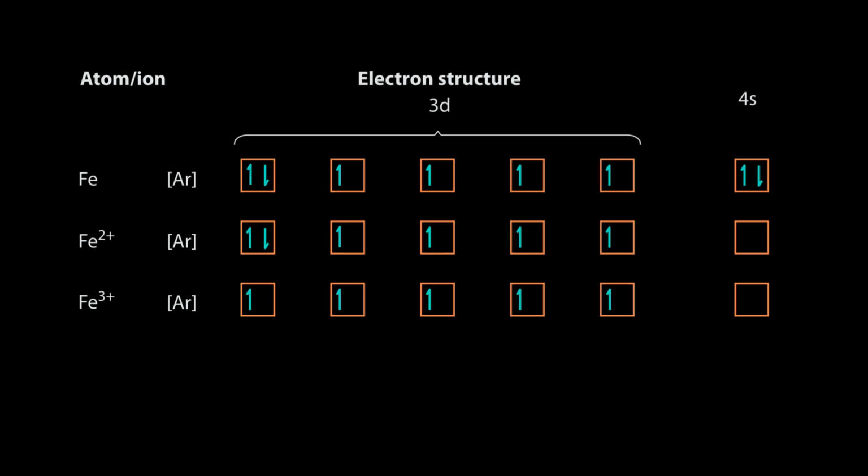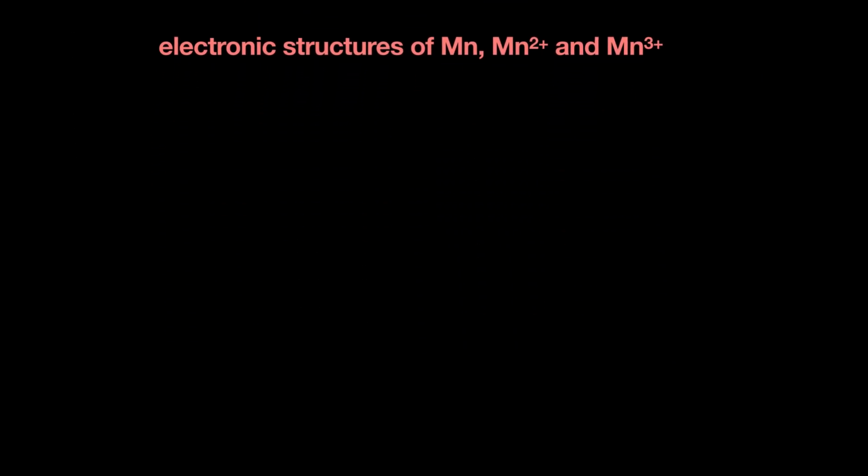Another pretty popular element, one that shows variable oxidation states, is manganese. Let me show you the configuration of some of its ions. The element itself has a proton number of 25. Its configuration for the atom is Ar 3d5 4s2.